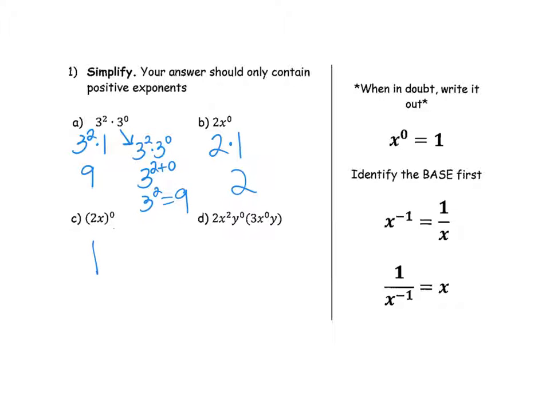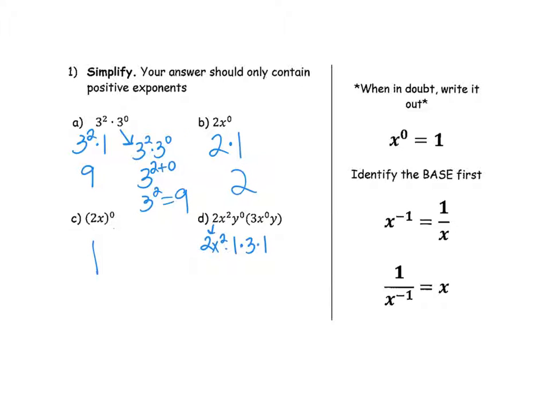Look at D. We're just going to go bit by bit by bit. 2, nothing. X squared, nothing. Y to the 0 becomes what? 1. 3 becomes 3. X to the 0 becomes 1.